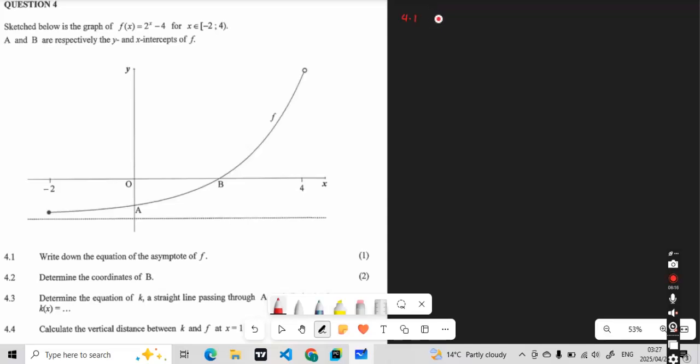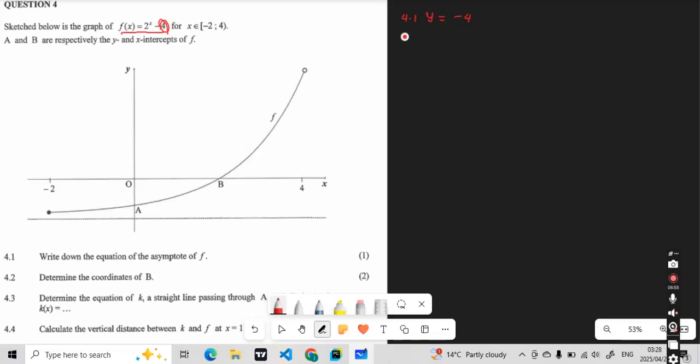You can always look at your graph to see the asymptote, or you can use the equation you are given. This is the equation we are given, and this is our asymptote. So the equation of the asymptote is y equals -4. Done.